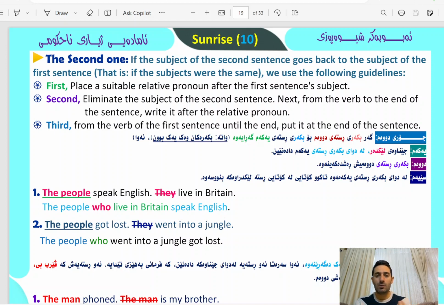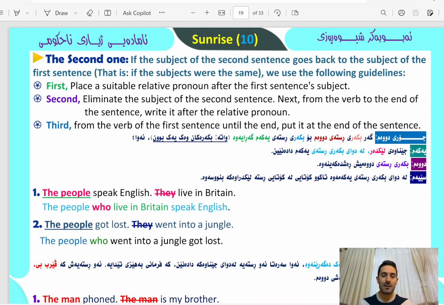The people got lost. This is a complete sentence, the main clause. This one is the main clause, the meaningful sentence. But went into a jungle is the subordinate clause.